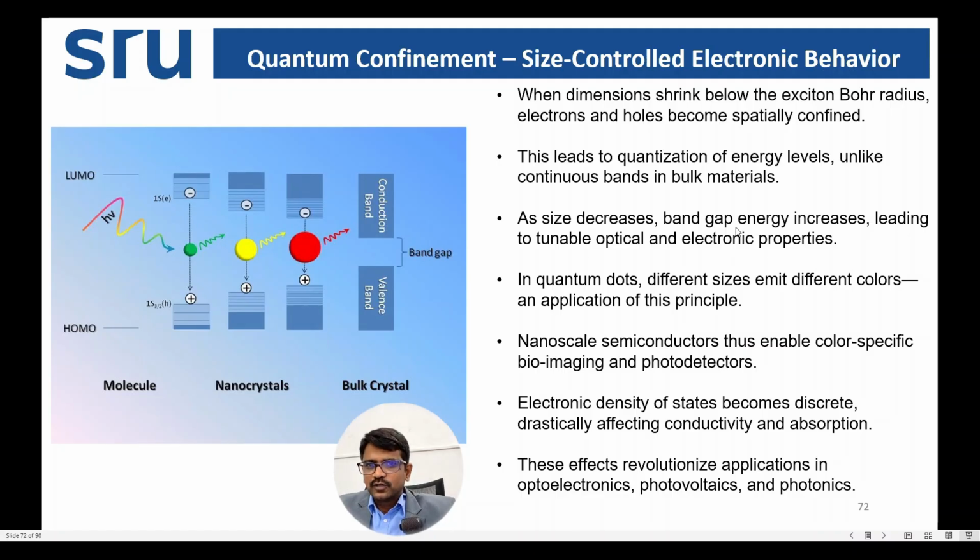Most of the optical and electrical properties depend on the energy band gap, so as we decrease the particle size we can tune the band gap. Because of this tunable possibility, we can play with the optical properties and the efficiency.